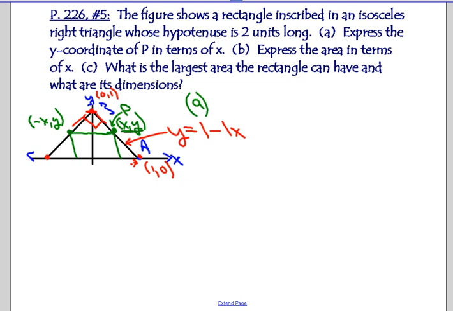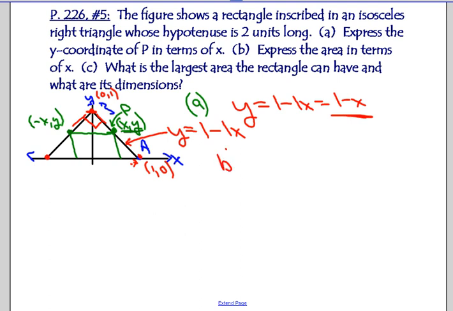You can certainly find the slope and the y-intercept. But this would be part A, and I wrote it in a kind of funny spot: y equals 1 minus 1x, or 1 minus x. Our y-intercept is 1, our slope is -1, so part A is complete. We have the y-coordinate of P in terms of x: 1 minus x.